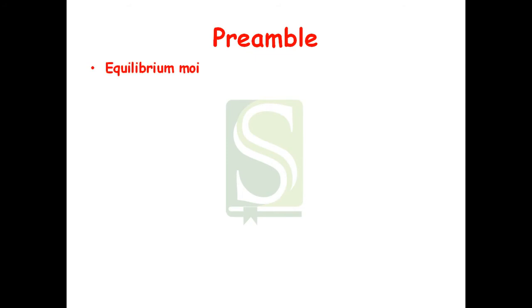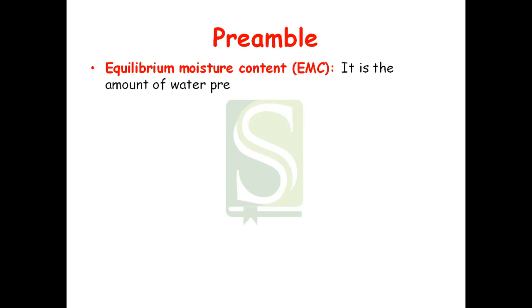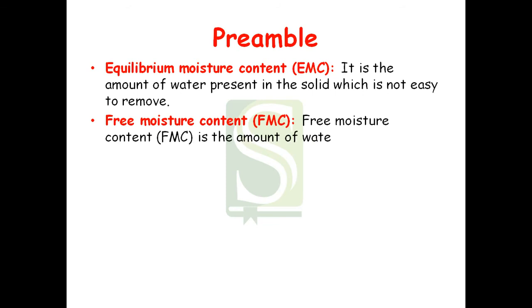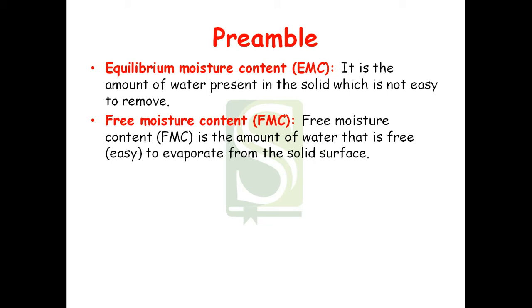Now let us see some major definitions. The first one is equilibrium moisture content. It is the amount of water which is present in the solid and which is not at all easy to remove. The free moisture content, FMC, is the amount of water that is free, which is removed easily or can be evaporated easily from the solid surface.